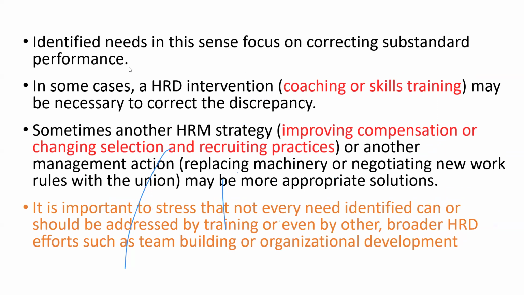We have some more examples. Identified need in this sense focuses on correcting substandard performance, which means that if you can identify those gaps and correct or fill those gaps, obviously you can increase the performance of those employees.